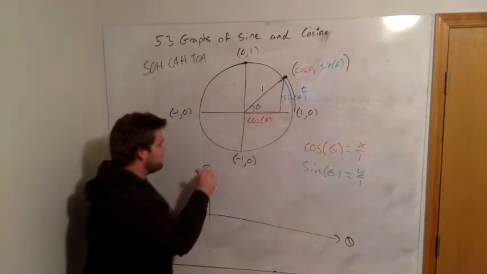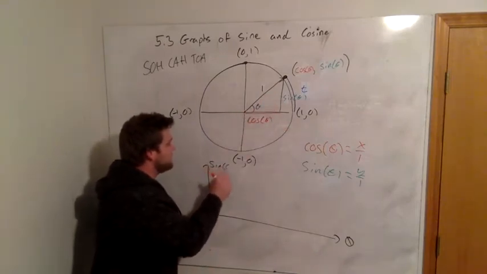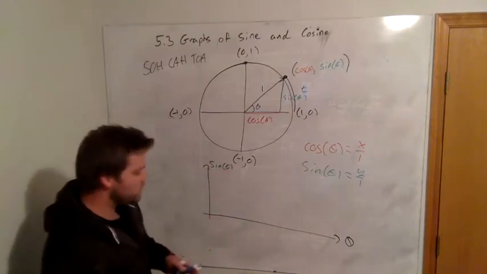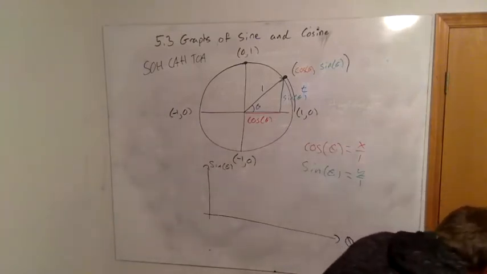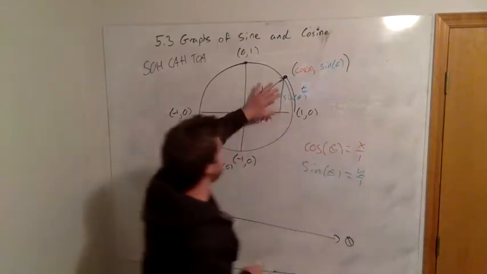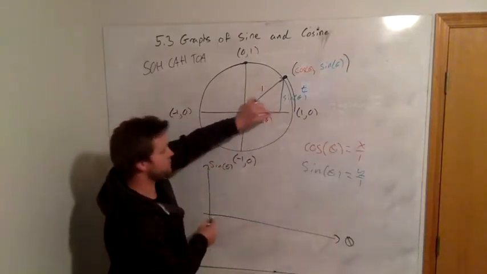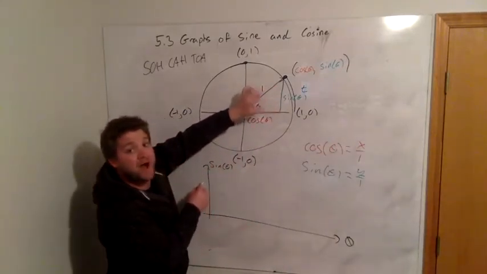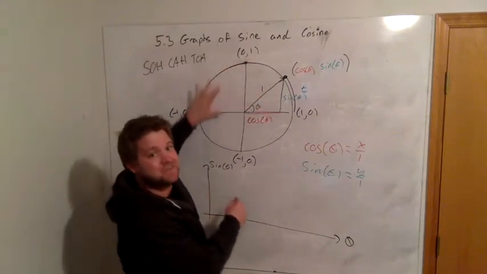So if I wanted to graph, let's say, sine of theta, what we would be mapping is, as we move around the unit circle for a certain angle theta, I want to map on the y-axis the height on the unit circle.